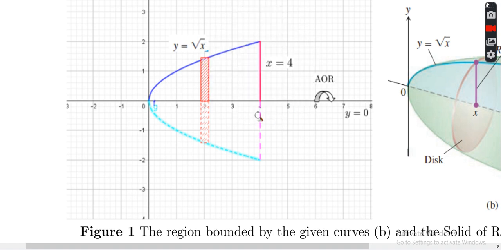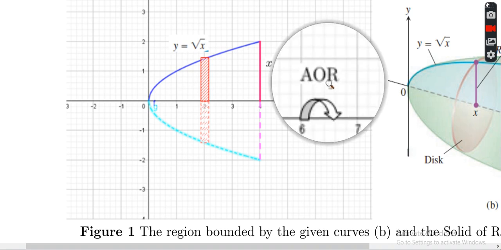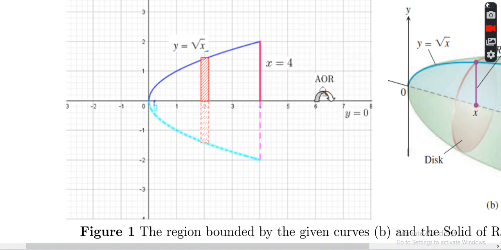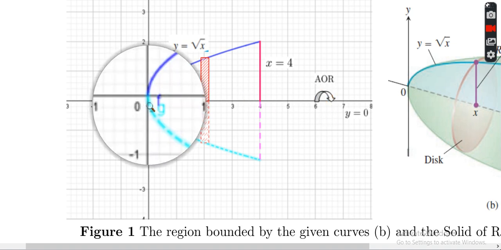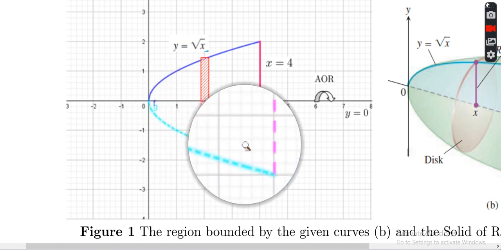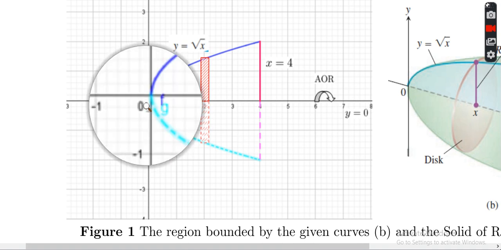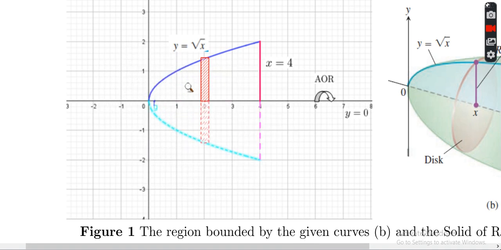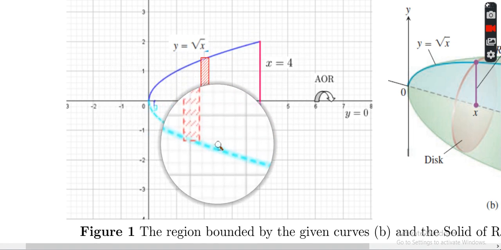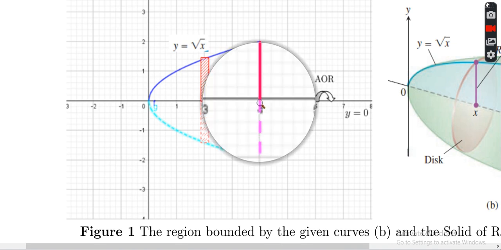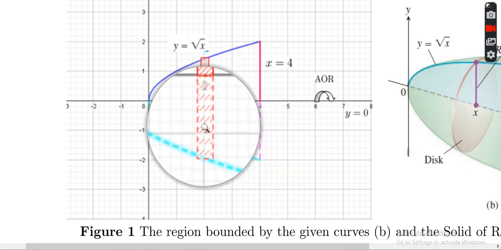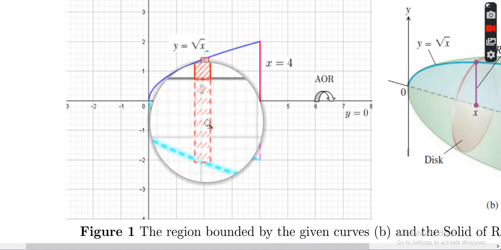Kapag pinaikot mo yung solid along the x-axis, merong matitrace na curve ang ating region. So, ang tawag dito sa ilalim ay yung mirror noong region sa taas. Ito yung mirror ng y equals the square root of x. Ito yung mirror ng x equals 4. At ito yung mirror ng ating rectangular strip.